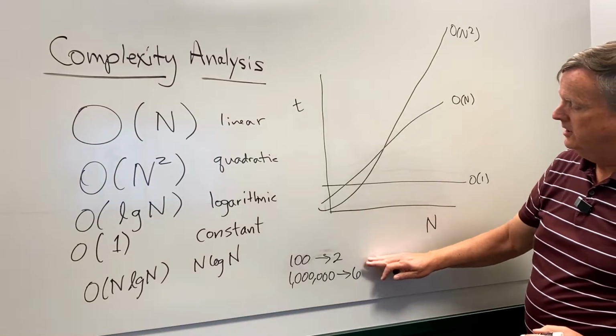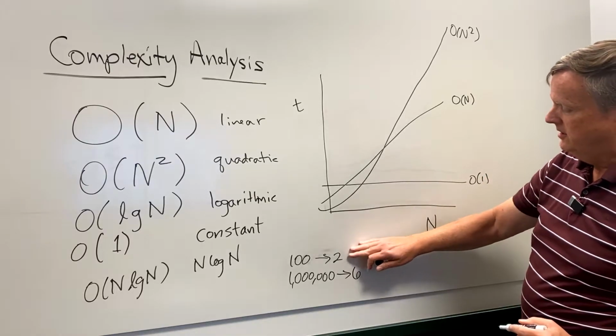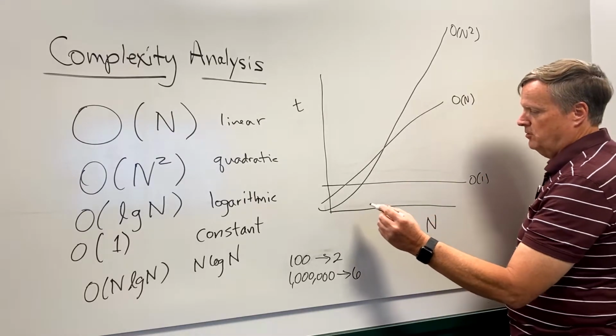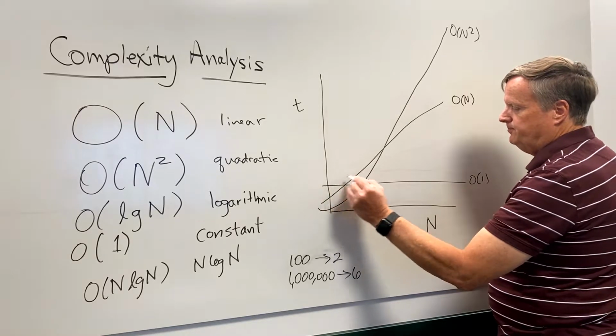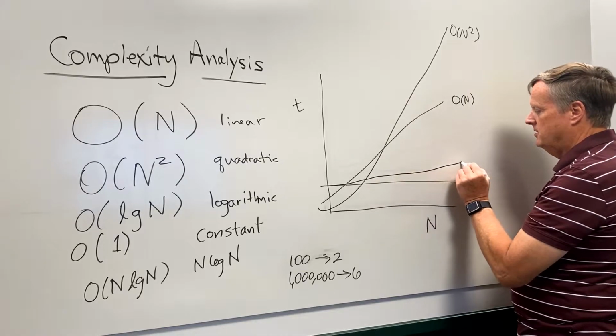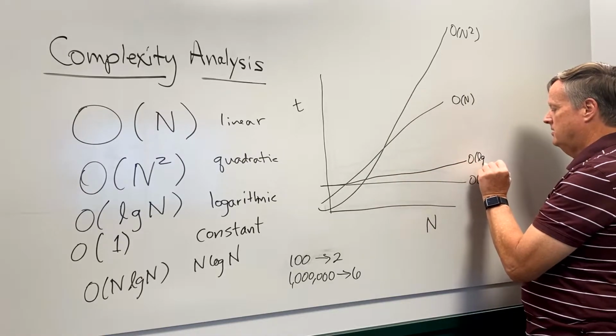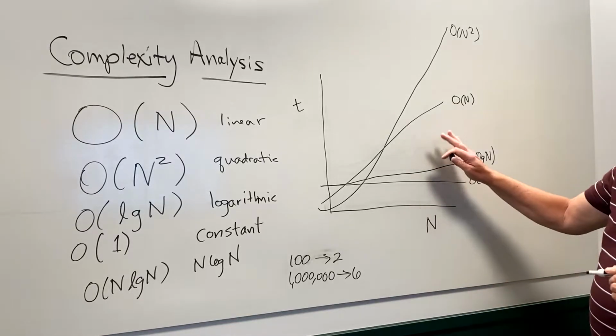So it's really a great compromise between constant time and linear. So logarithms will grow just a little bit faster than the linear, maybe something like this. Okay, so those are the basic ones.